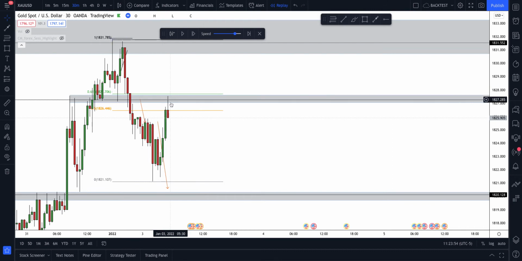So this is a nice confirmation. We got the golden zone break and retest.